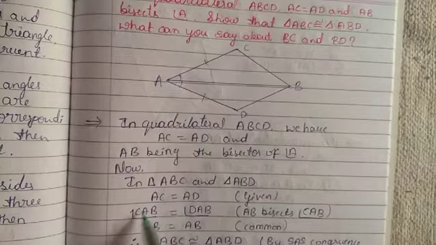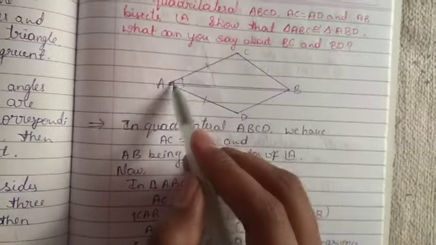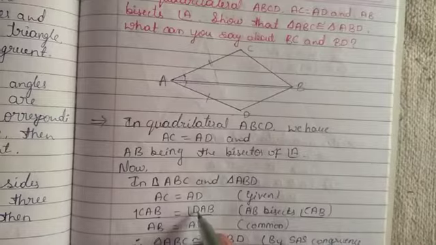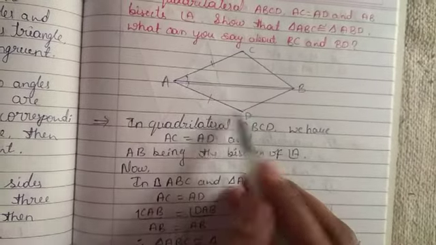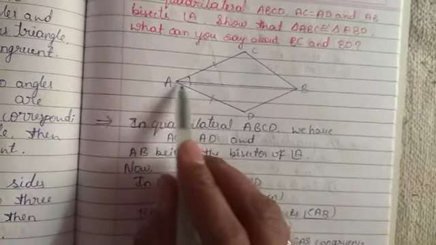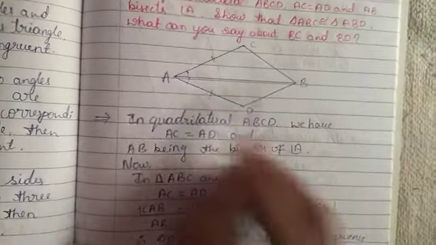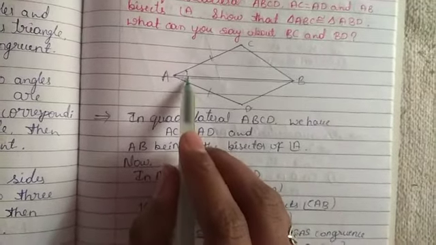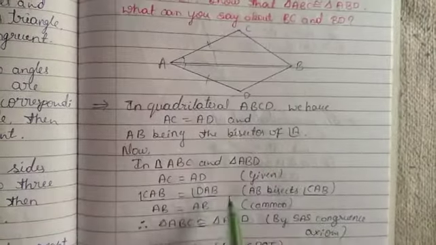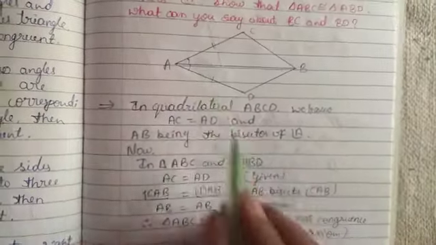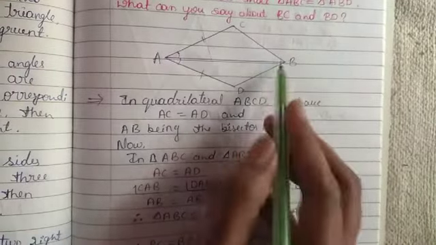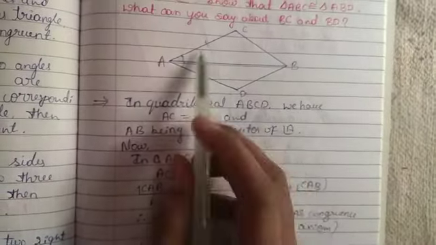Angle CAB, this one, is equal to angle DAB, this one, because of the bisector line. This divides the angle into equal parts. So these two angles are equal, and in these triangles AB is the common side.